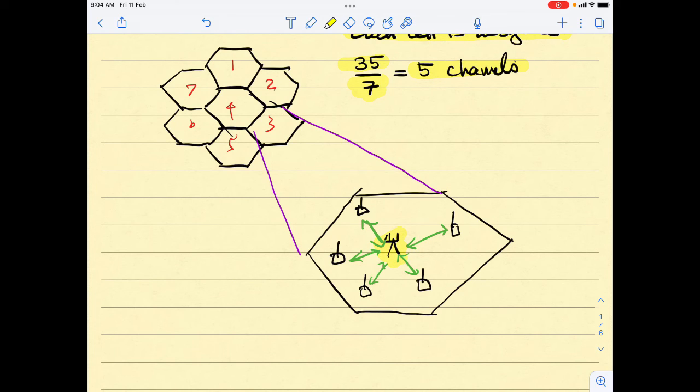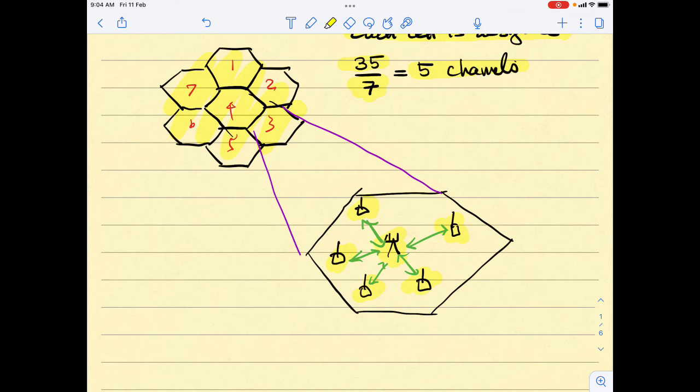This base station only has 5 channels, and it can support 5 users concurrently. This set of frequencies will not interfere with any cell in the cluster because they are not using the same set of frequencies. That means these 7 cells can support 35 users.